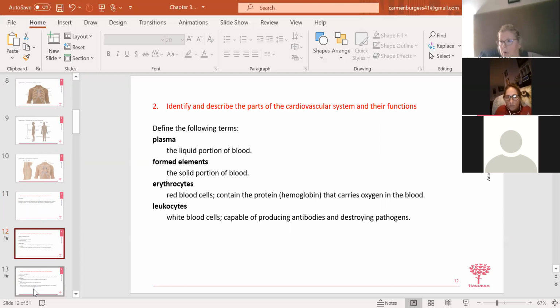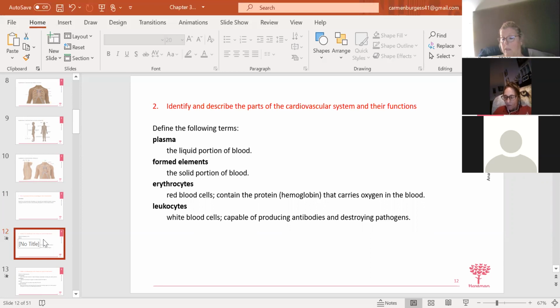So what you need to know about cardiovascular is what makes up your cardiovascular system: your heart, your blood vessels, and the blood. That's what's going to make up your cardiovascular system. It's made of what? You said the heart? The heart, your blood vessels, and blood. Okay. Those are the 3 things.